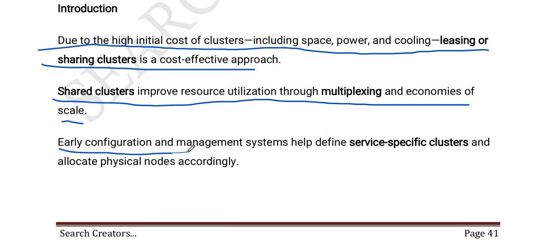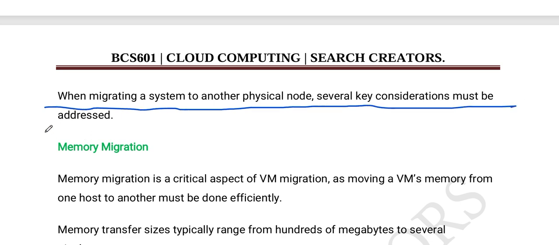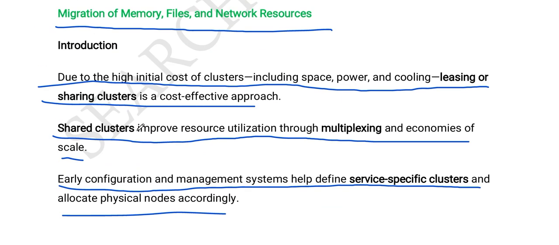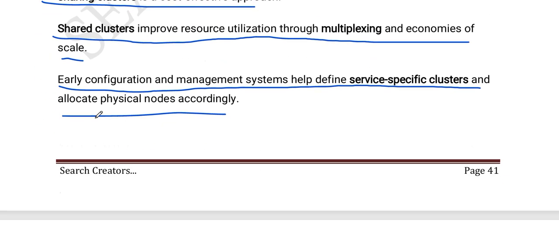Early configuration and management systems help define server-specific clusters and allocate physical nodes accordingly. When migrating a system to another physical node, several key considerations must be addressed. These are some of the concepts in the introduction of migration of memory, files, and network resources.